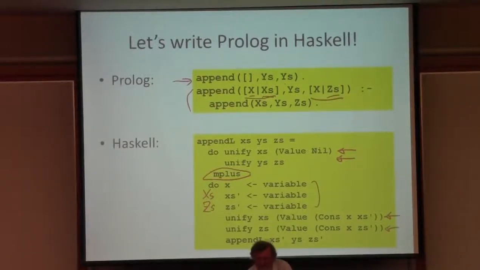And then recursively ensure that x's appended to y's is z's. There's the recursive call. So notationally, it's a bit more bulky, but the notation is saying exactly the same thing. And if it wasn't 5 to 5, and if I had done this earlier, then I could now start defining more functions in Haskell to make the notation nicer and to make it look even more like Prolog. But semantically, I've got to my finishing point here.